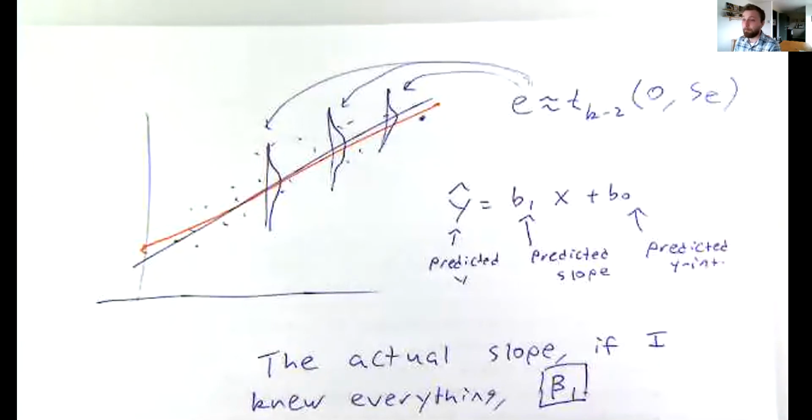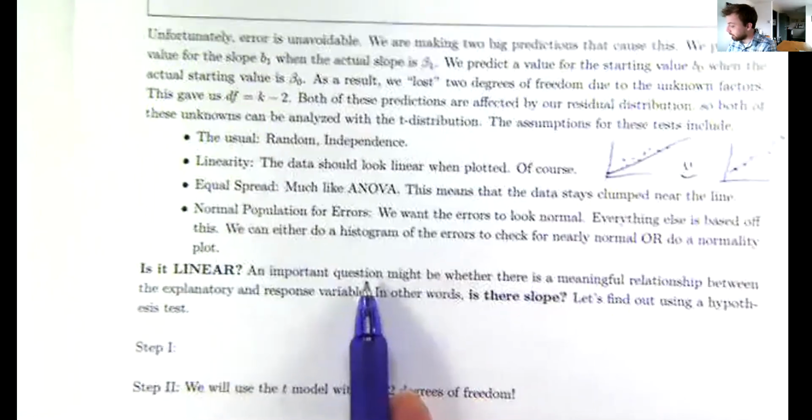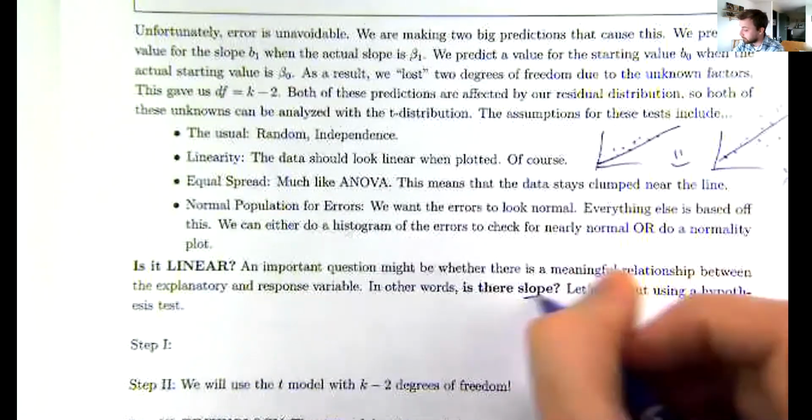So I would say the most important factor of a line is the slope. So is it linear? This is an important question, and it tells me if there's a meaningful relationship between my explanatory and response variable. The relationship between explanatory and response is slope.